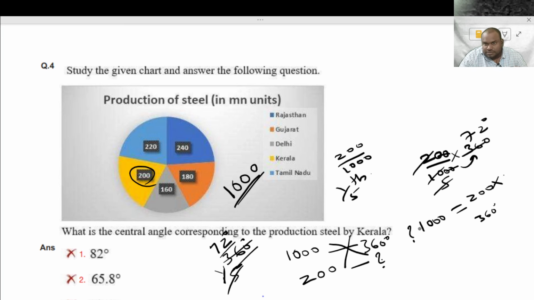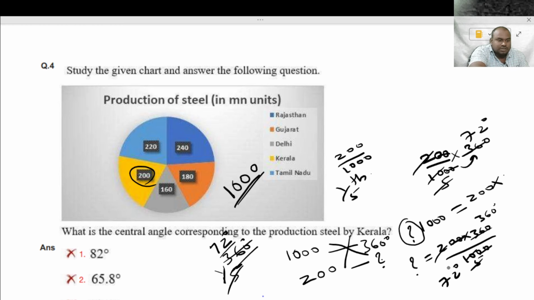Now you need the question mark value, which is the answer: 200 into 360 by 1000. Same thing, we get the same answer. So whichever is comfortable for you, just follow that.